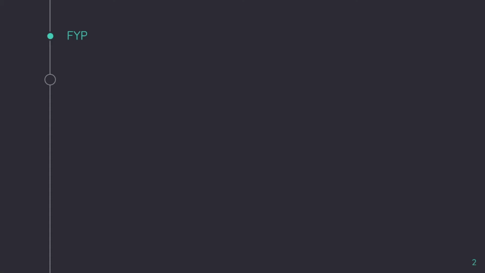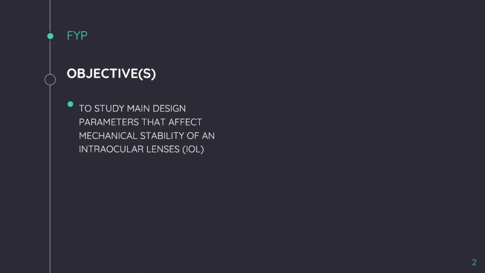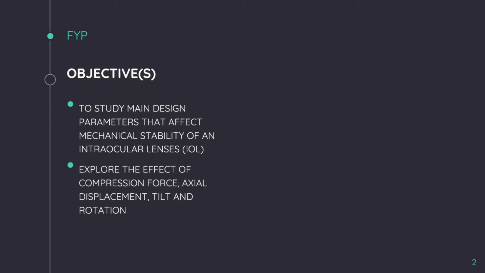So first, let's look at my project objectives. First is to study the main design parameters that affect the mechanical stability of an intraocular lens. Second is to explore the effect of compression force, axial displacement, tilt, and rotation. And last but not least is to be able to get an optimum shape of intraocular lens.